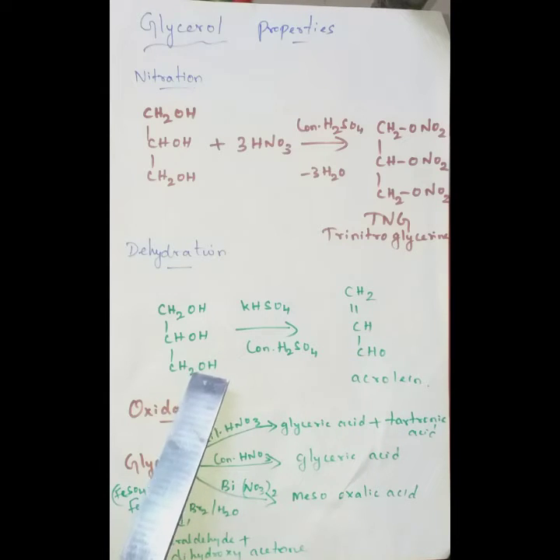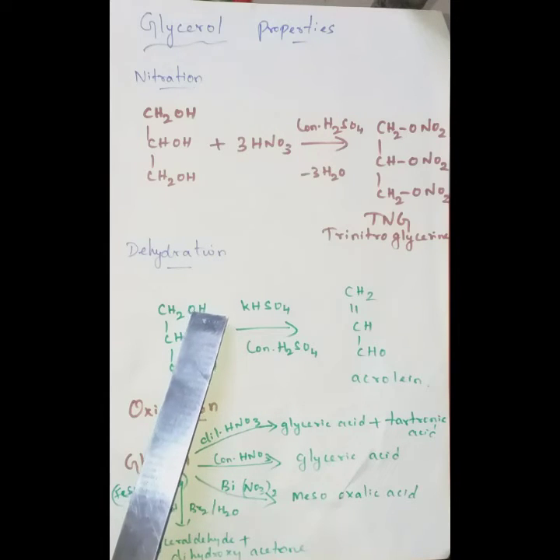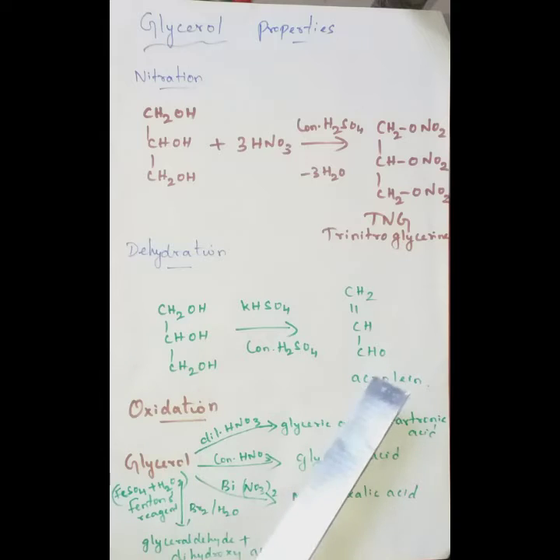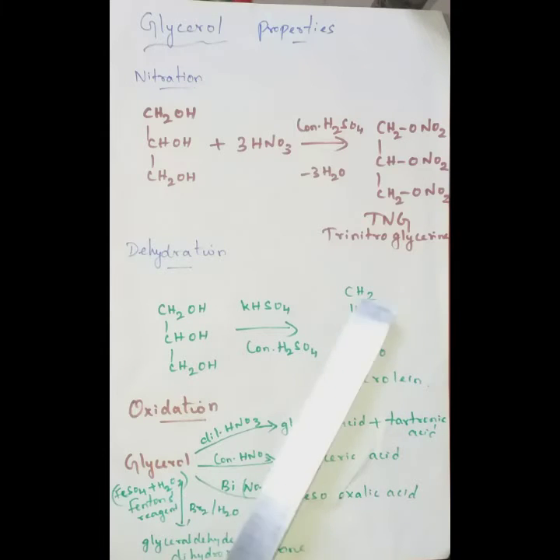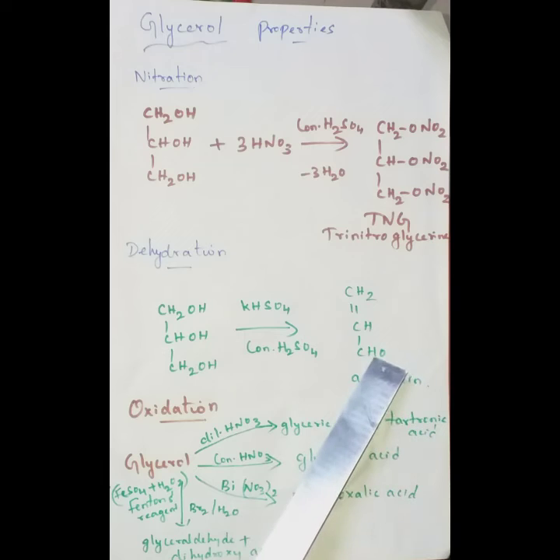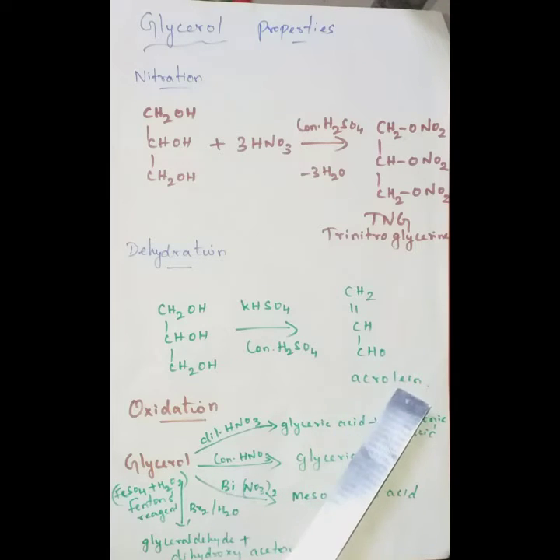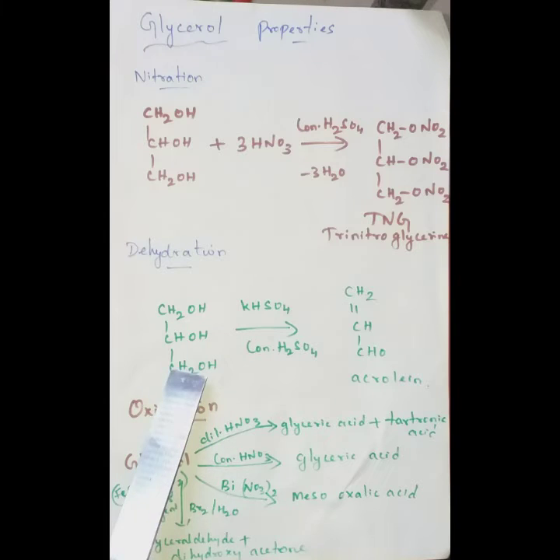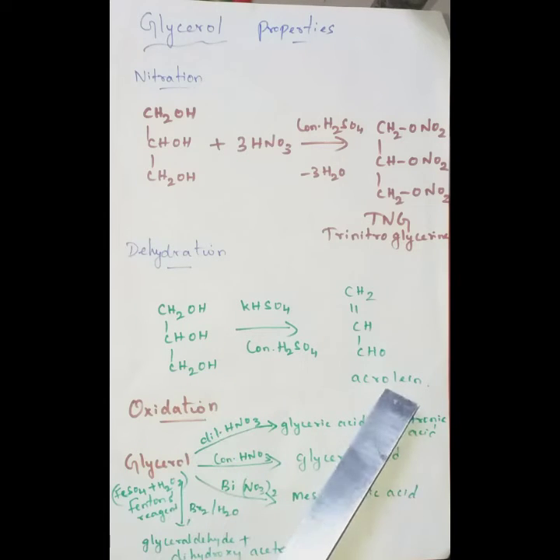So here there are 2 hydrogen atoms, here 1 oxygen atom, and here also 1 OH group. So they are fully eliminated as water molecules and it forms acrolein, that is propene-1-al. So 1, 2, 3 carbons, so propene, and the double bond is there, so ene, 1 aldehyde group is there, so propenal, or the common name is acrolein. So on dehydration, glycerol changes into acrolein.